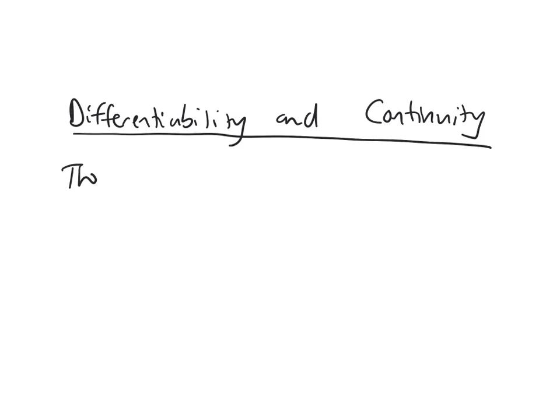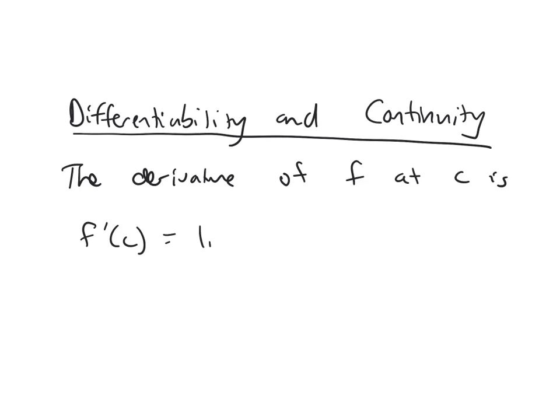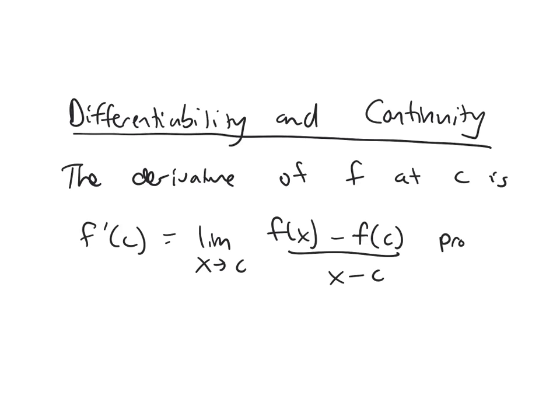So we're going to start by defining the derivative of f at c, f prime of c. It's the limit as x goes to c of f of x minus f of c over x minus c, provided this limit exists.